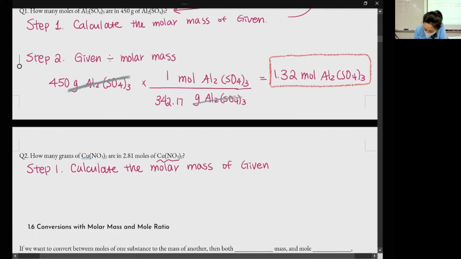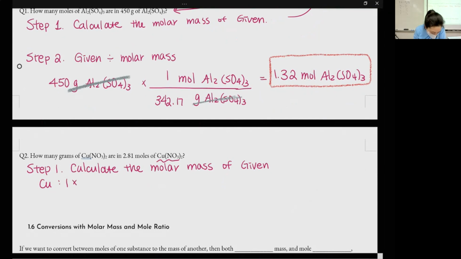Okay, so Cu is 1 times 63.55. And N, you have 2 times 14.01.